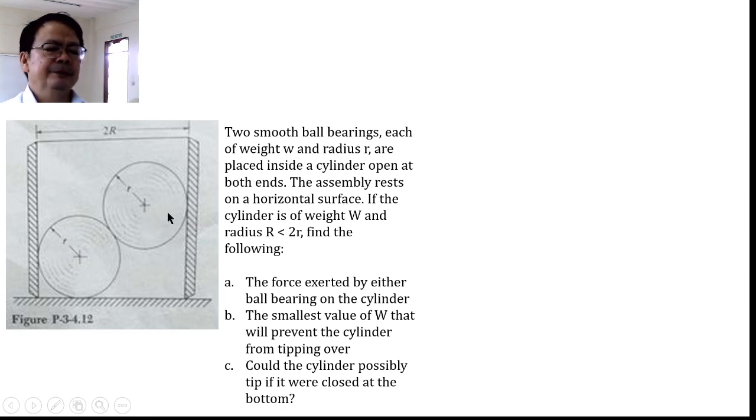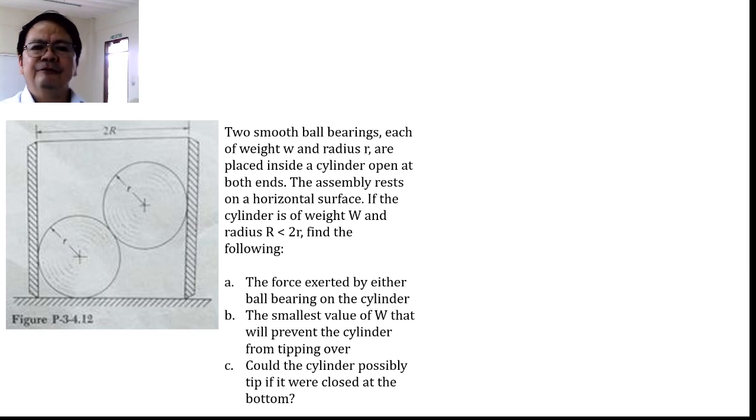Kaya nga ipinapahanap sa atin, what is the smallest value of the weight of the cylinder that will prevent it from tipping over? Diba? So there is actually an answer in the book. I have just not included it here, para hindi ako worried to check or to solve this problem.